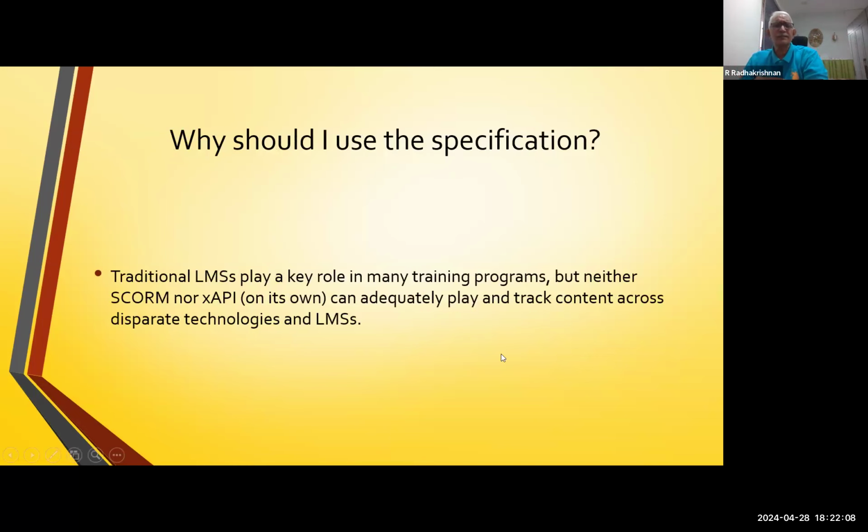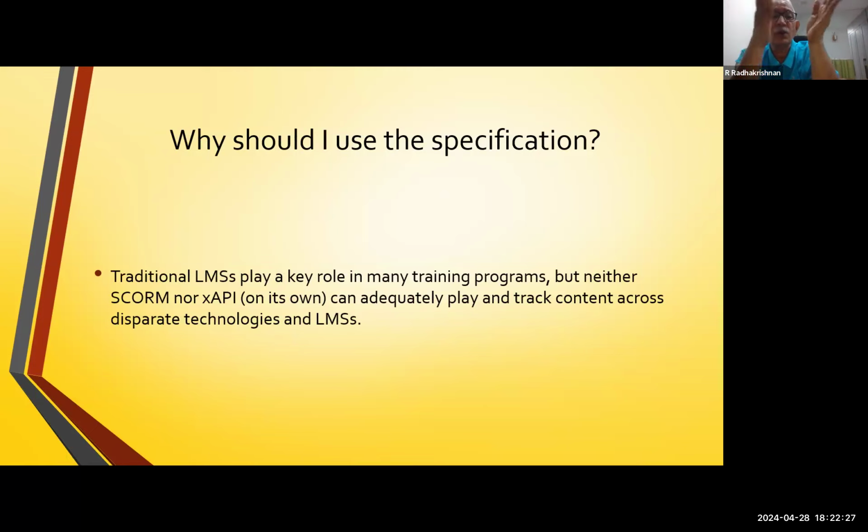Now, why should I use the specification? Your traditional LMS plays a role in many training programs, but neither SCORM nor xAPI can adequately play and track content across disparate technologies and LMSs. When the technology is different, LMSs are different.